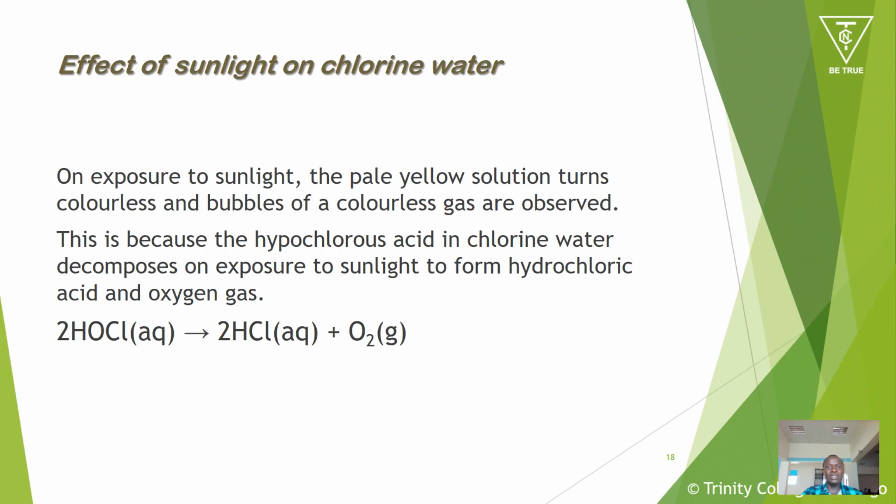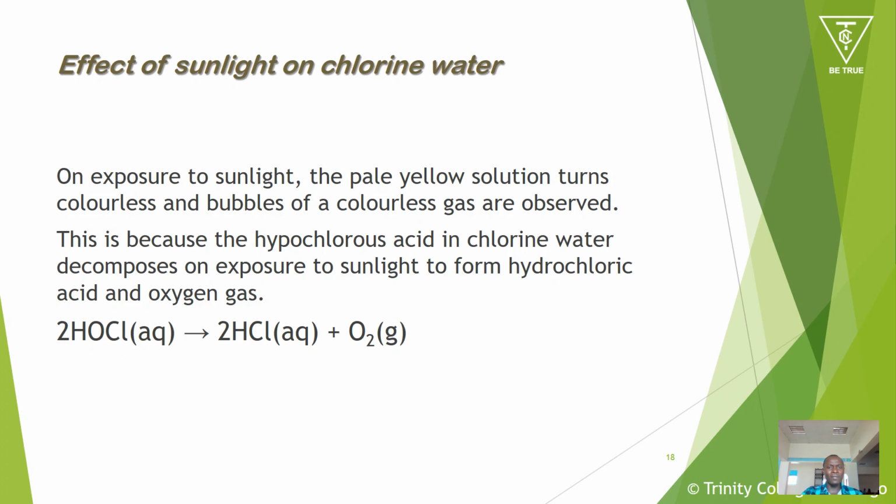On exposure to sunlight, chlorine water, which is a pale yellow solution, decomposes. What decomposes actually in the chlorine water is hypochlorous acid. It decomposes to give us hydrochloric acid and oxygen gas.